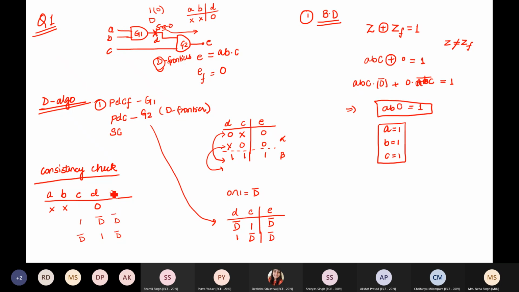If we do not have any consistent values for the primary inputs, in that case we say that the test pattern cannot be detected. So Boolean difference said that this will be detected by 1, 1, 1, but the D algorithm does not give me the same output, and it says that due to the inconsistency, the fault cannot be detected.